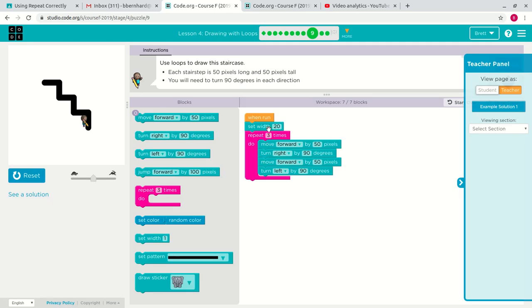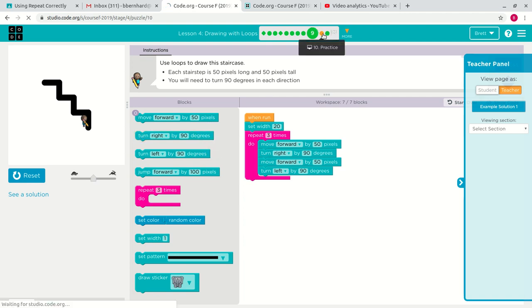The repeat is really about simplifying. Think about this. Instead of having to draw this out, it would be 1, 2, 3, 4 lines of code for each step. So that'd be 4, 8, 12. Instead of having 12 lines of code, we can do it with 4 lines and 1 repeat. It's a lot simpler. So that's why they really want you to use the repeat.